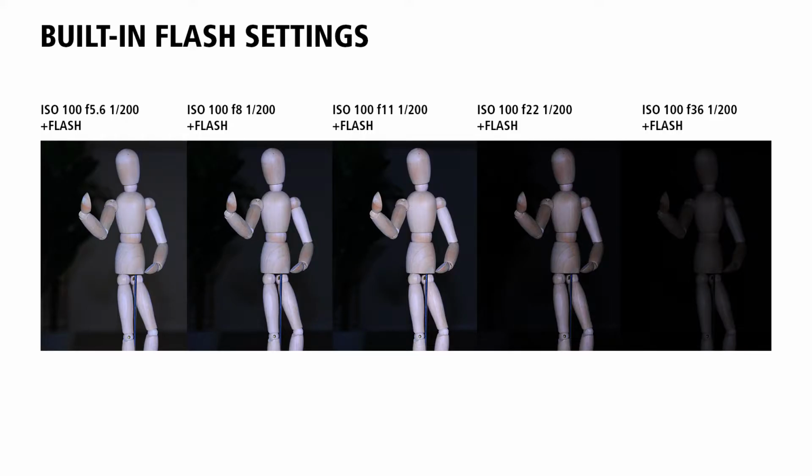This means that you need to be careful with the aperture settings if the person or object you are taking the picture of is far away. If you close the aperture too much, the light won't even reach a distance of 1 meter, okay?